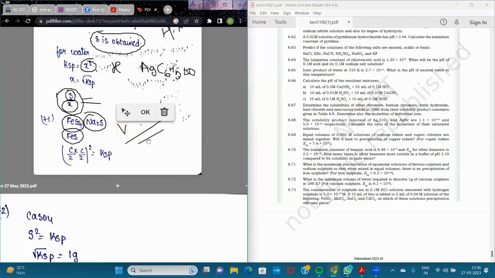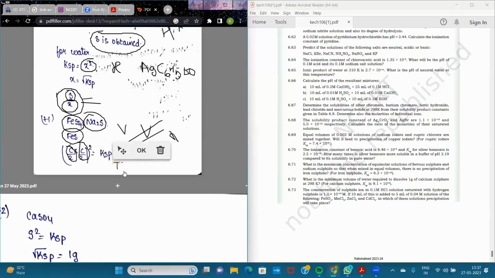So volume and volume on mixing will become twice, so the concentration will become half. This is C by 2 and C by 2. As FeS is formed, we can write KSP as C by 2 into C by 2 whole square. Maximum amount to prevent precipitation: we'll equate it for the maximum case initially, but the inequality will remain the same.